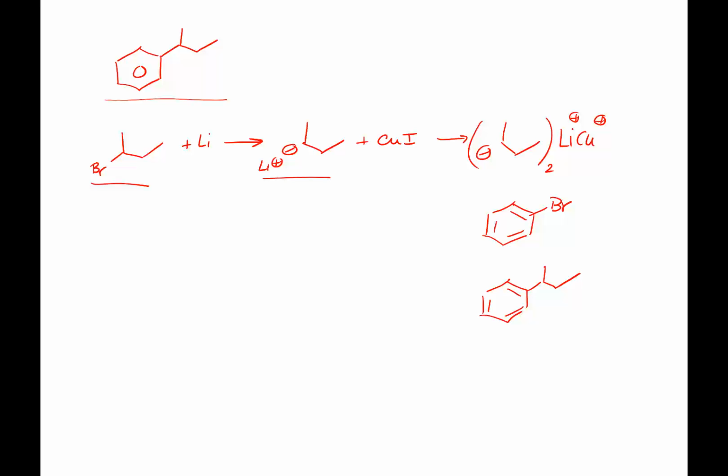So the lithium cuprate chemistry allows me to say, you know what, I don't care what alkyl group I want to put on the ring. All I need to do is to make that alkyl group and put the bromine in the position that I want to add to the ring. Then you make the organolithium out of it, the lithium cuprate, and couple it to the ring.